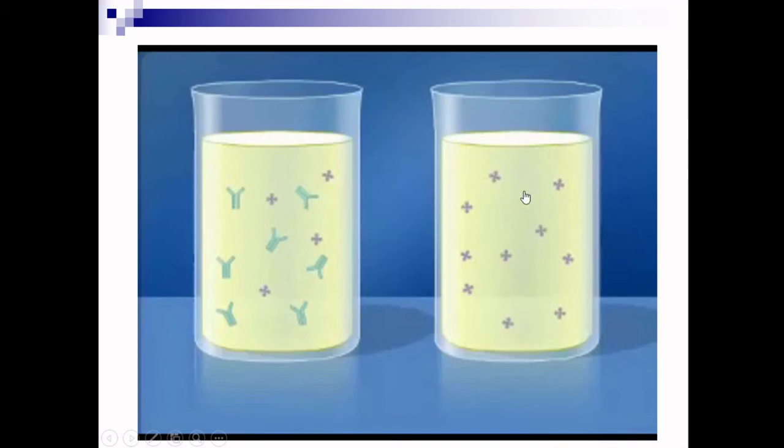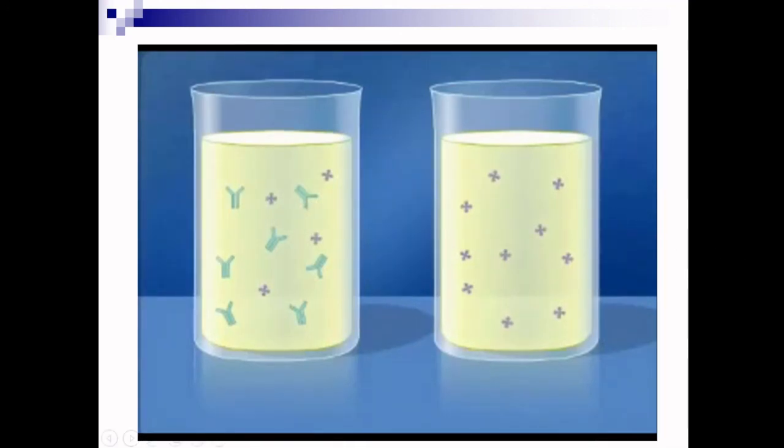We don't want them to interfere with our results, and therefore we need to heat. So here on the left hand side you can see a patient serum with antibodies against a specific antigen, while this is another patient serum which does not contain antibodies. Let us see what happens next.